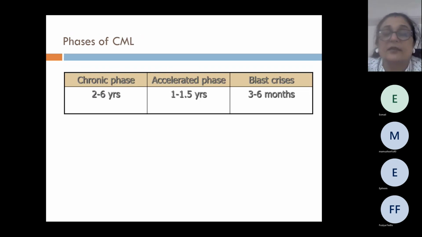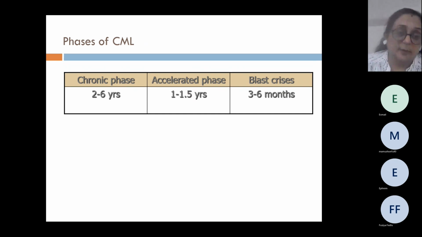Now let's understand the different phases of CML. CML has three phases, as it is a chronic leukemia. That means it will multiply slowly and gradually. It will last for a long number of years. The chronic phase, which is the initial phase, generally lasts for 2 to 6 years.